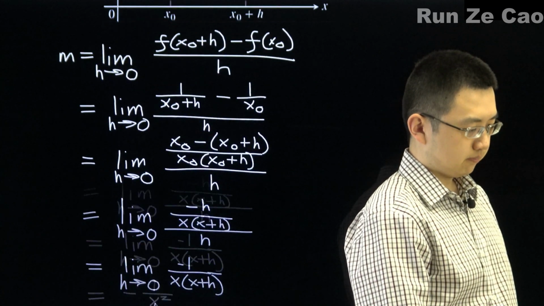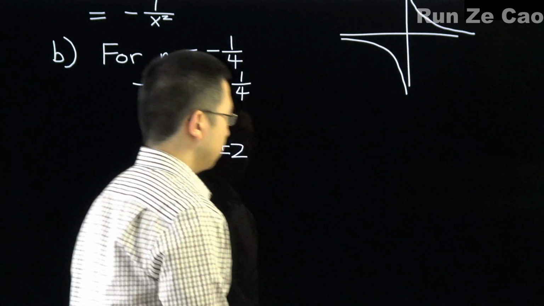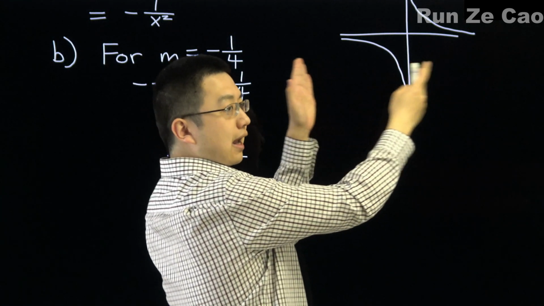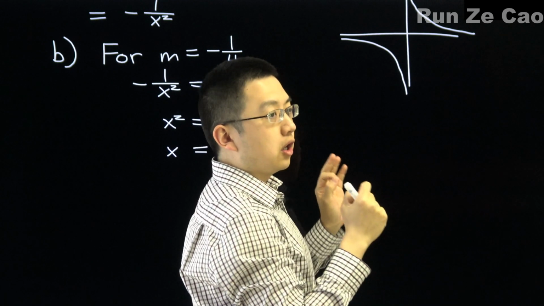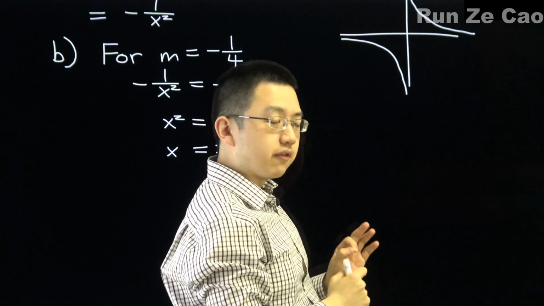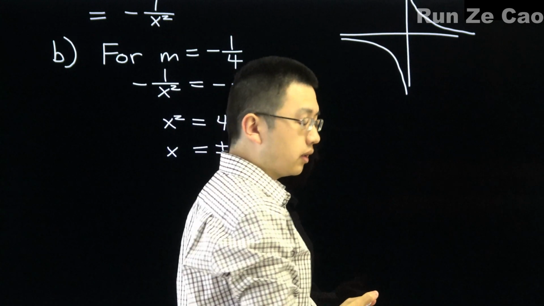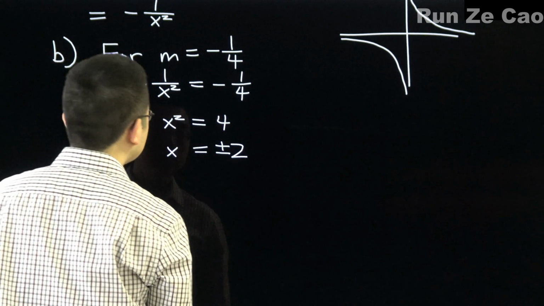Well, we'd say that the further a gets from 0, the smaller the absolute value of the slope. So less negative. And the closer it gets to 0, the more negative.